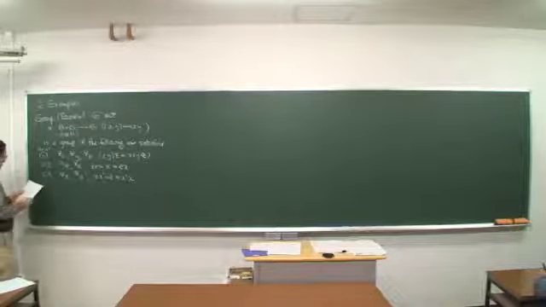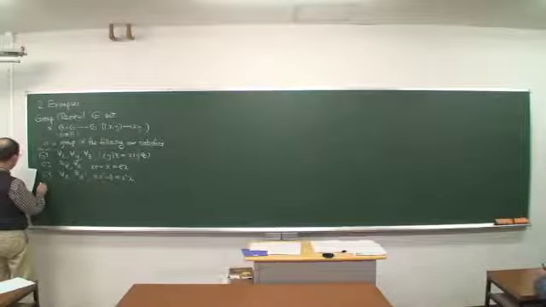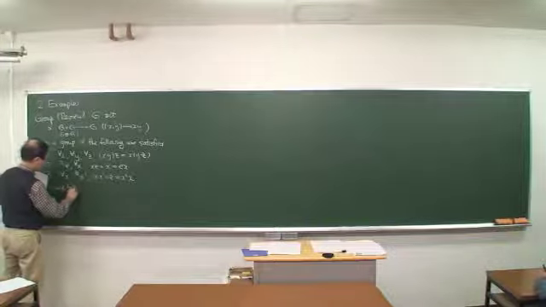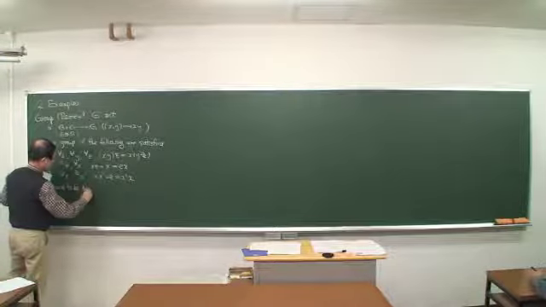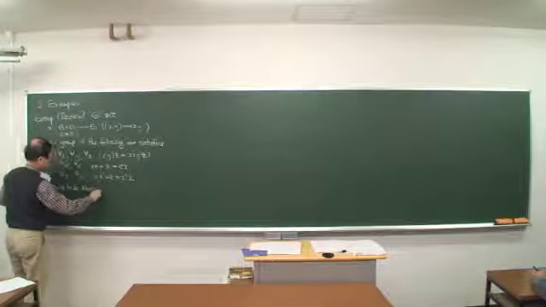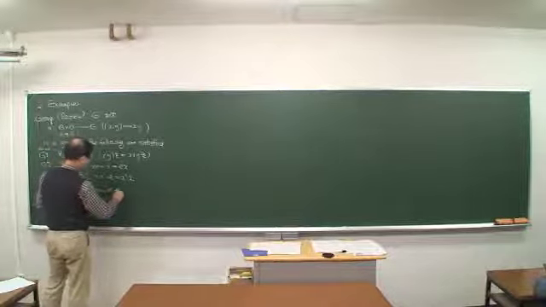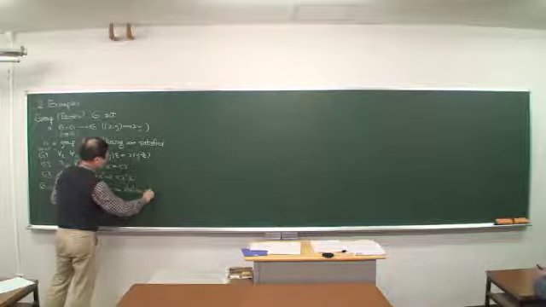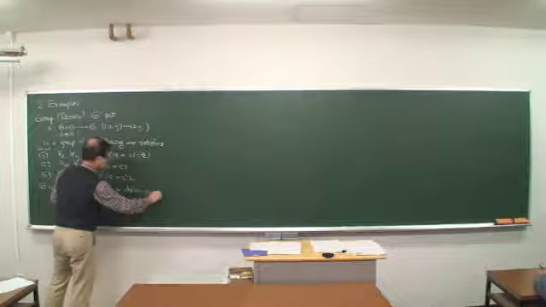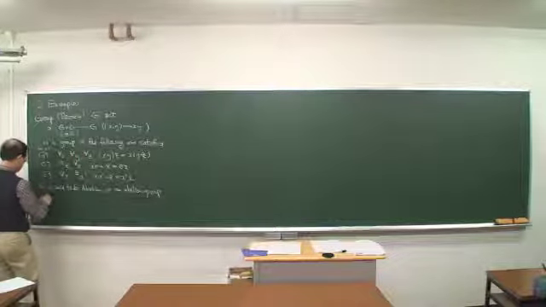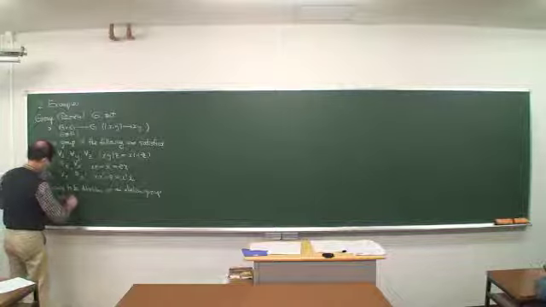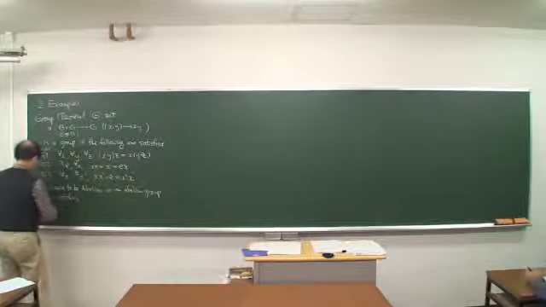And in addition, G is said to be abelian, or an abelian group, if G satisfies G4.